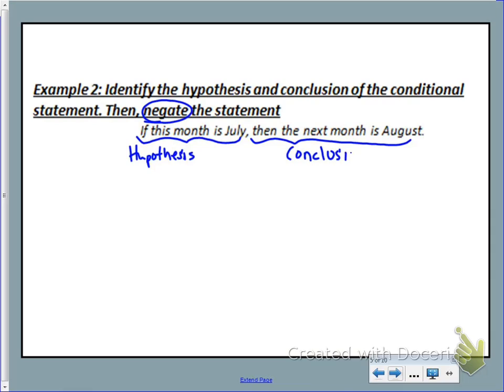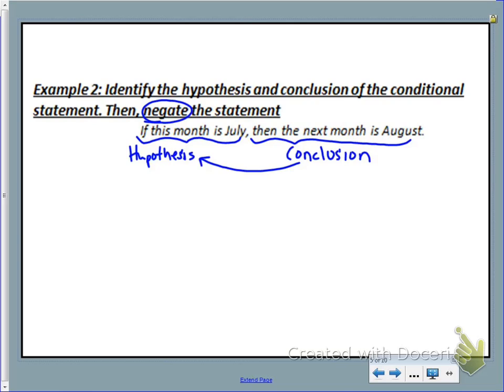So that is the conclusion we can make. So in this case, it sets it up that if this month is July, then the next month is August. So our hypothesis is that this is the month of July. If that's true, then we can conclude that the next month is August. Keep in mind, the conclusion depends on the hypothesis being true.